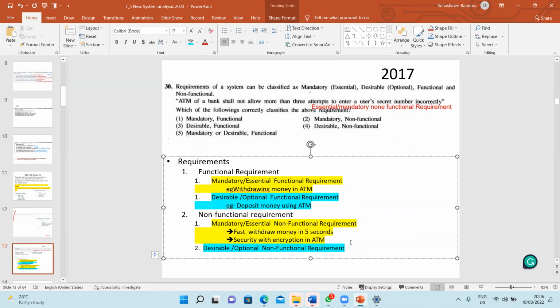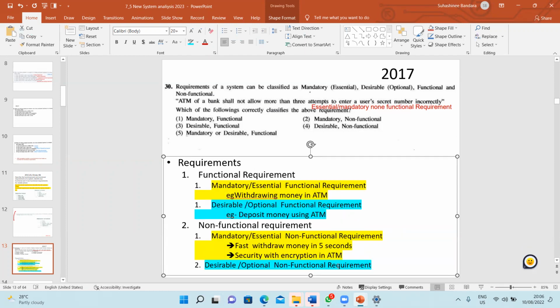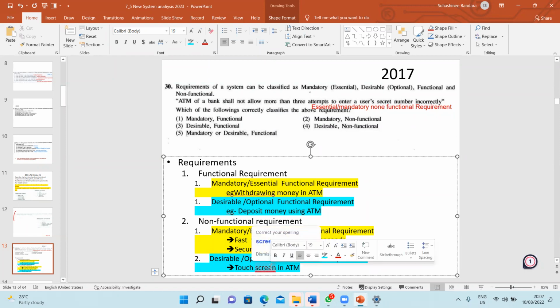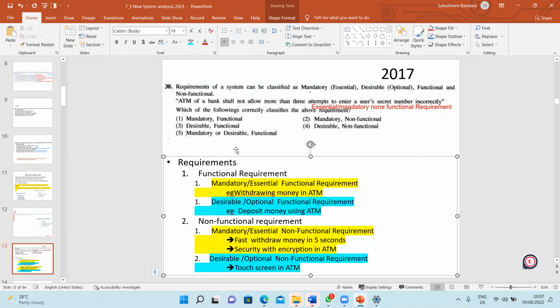Okay, then desirable touchscreen. Is it important? Non-functional requirement. Touchscreen, nice to have. So we can take that one as example. Touchscreen interface. Touchscreen in ATM. Right? So these points you may keep in mind. Okay, now we'll see the question.